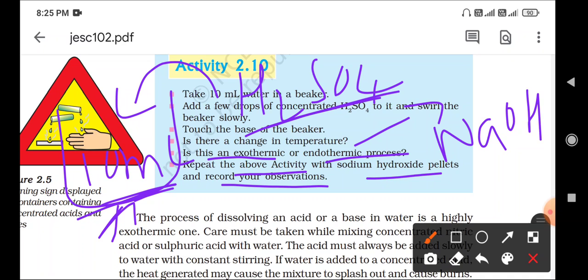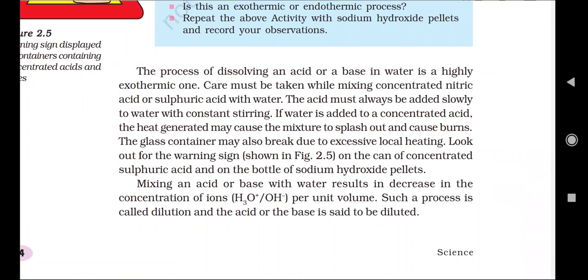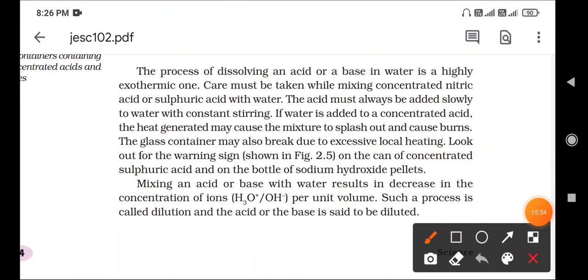That time also, the bottom surface of the beaker gets warm, you have to observe here. The process of dissolving an acid or base in water is a highly exothermic one.